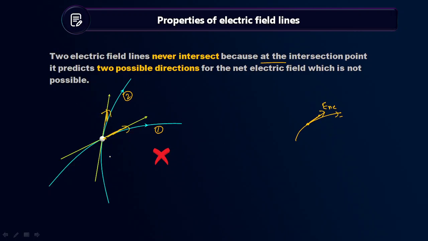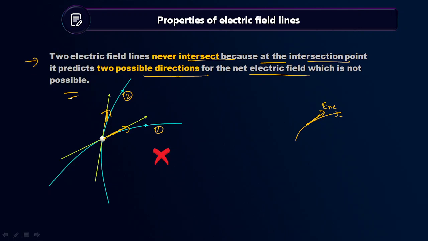It means that electric field will have two directions at a point, but net electric field should be in only one direction, right? So two electric field lines never intersect, because an intersection point predicts two possible directions for the net electric field, which is not possible.